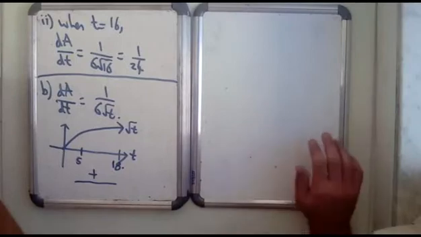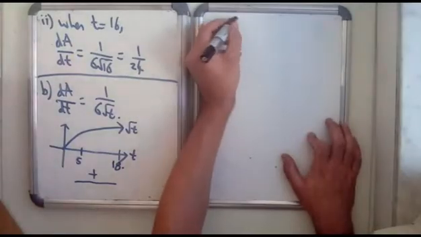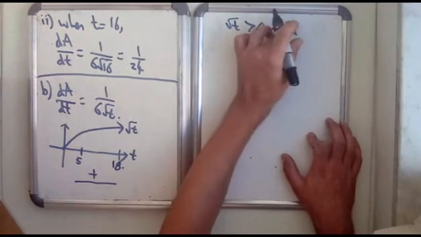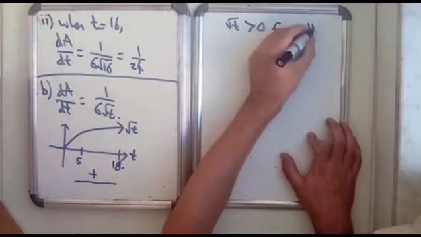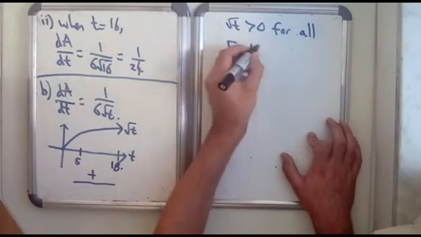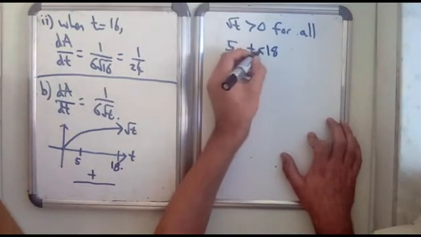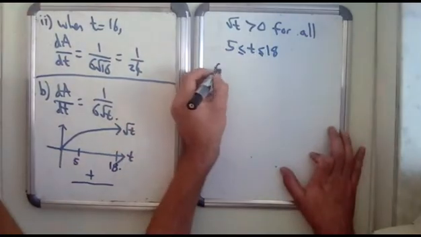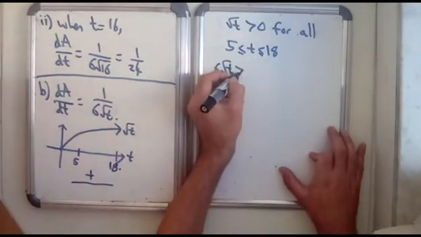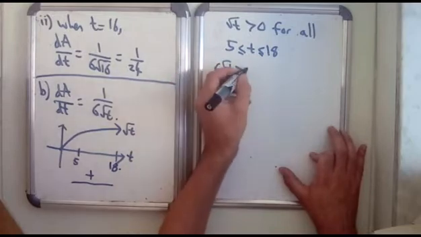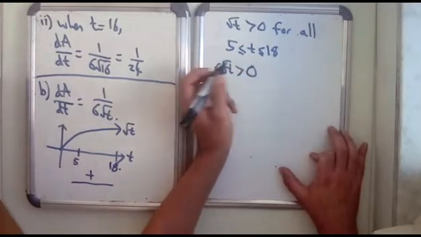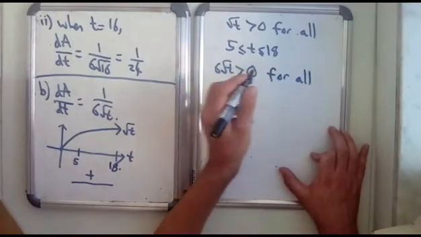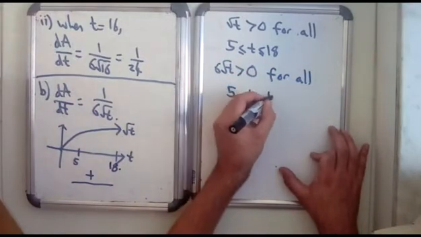So root t is greater than 0 for all t between 5 and 18, inclusive. So 6 root t must also be greater than 0, because if you times a positive number by 6, it must still be greater than 0 for all t between 5 and 18.